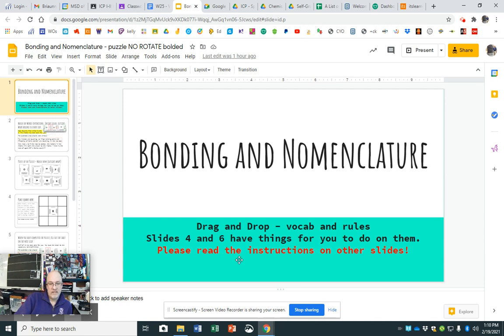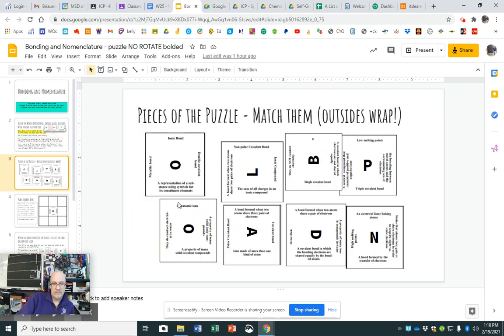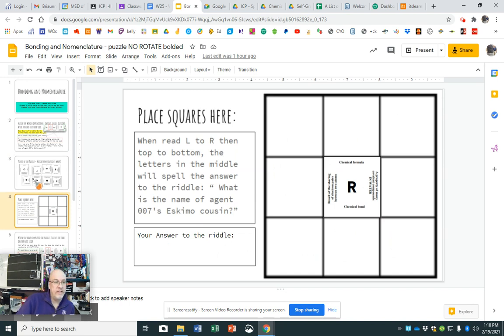So here it says bonding, you have a drag and drop, you have slides 4 and 6 to go. The vocab is wrapped around, so if they're next to each other, those things go together. Let me show you what I mean. These are the puzzle pieces, so let me do what's in the middle here, chemical formula.